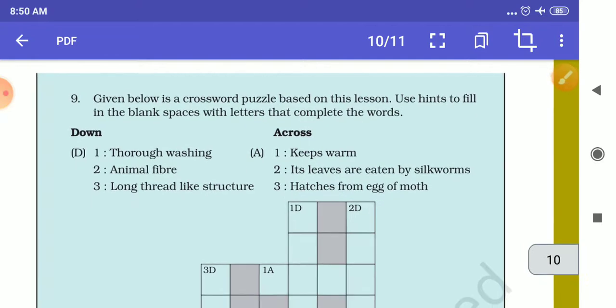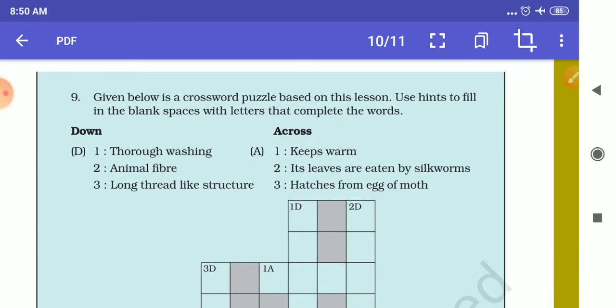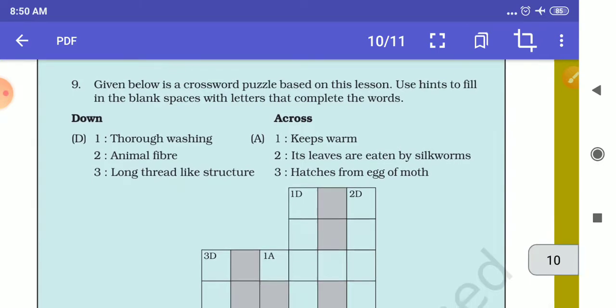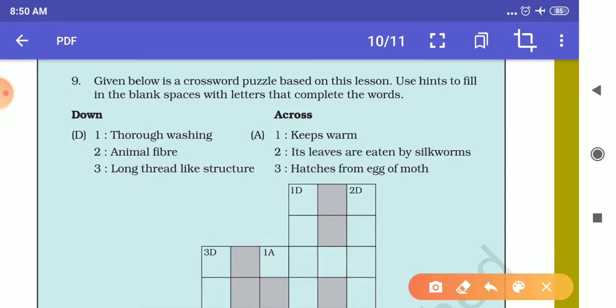The next question is a puzzle. The hints are given. According to those hints, you have to complete the puzzle. Given below is a crossword puzzle based on this lesson.